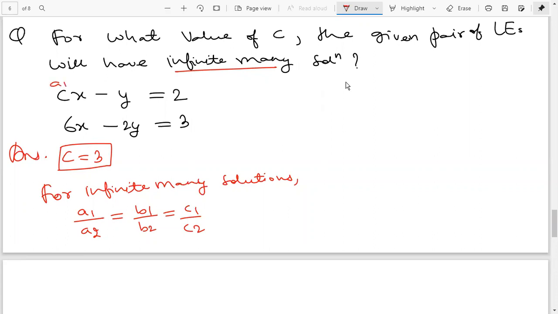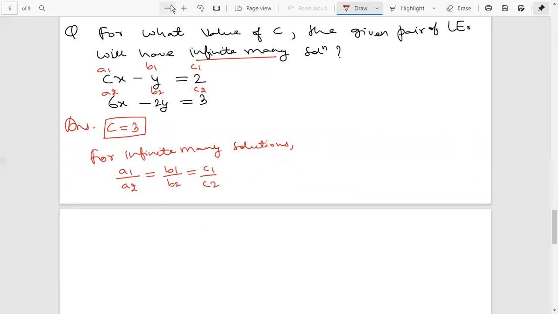So here we have A1, B1, C1, A2, B2, C2. So we'll use these values. A1 is C, A2 is 6, equal to B1 is -1, B2 is -2, equal to C1 is 2 and C2 is 3.